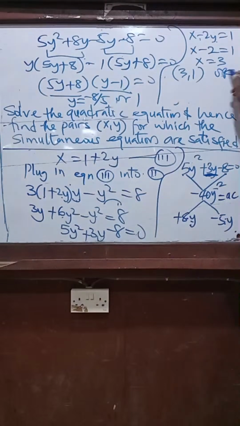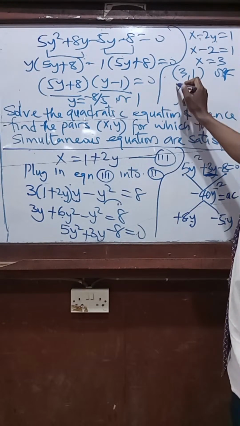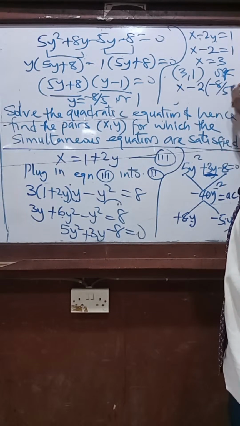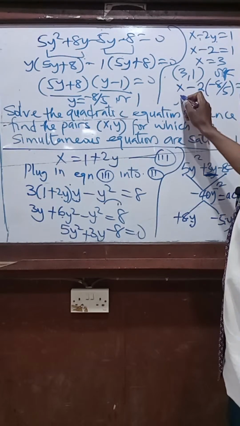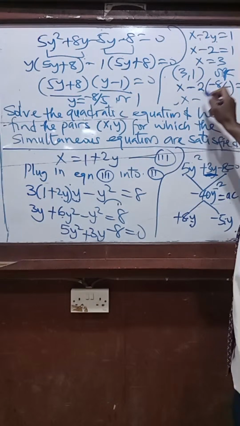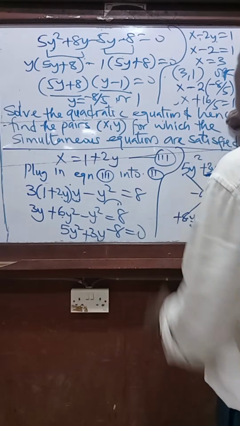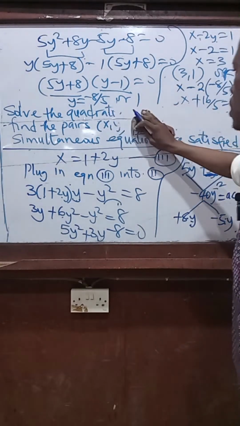Or when y is minus 8 over 5, do that in the comment section and get the respective value for this one. Okay, let's do that together. That will be x minus 2 times minus 8 over 5 equals 1. That's x minus, minus times minus is plus, 16 over 5 equal to 1.